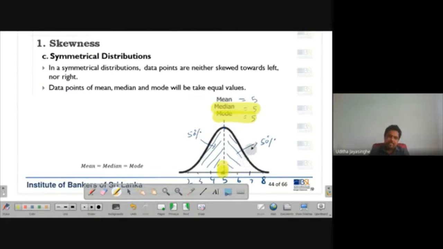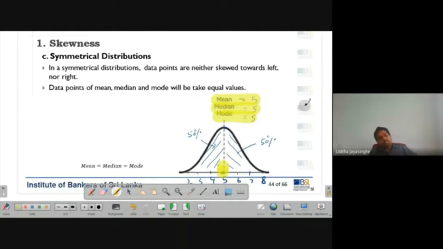Why? Because you are dividing by the number of items, as in you are computing the midpoint based on the weight, not based on the position, based on the weight. So eventually, students, you can understand, mean is also going to be at the central point in that case.